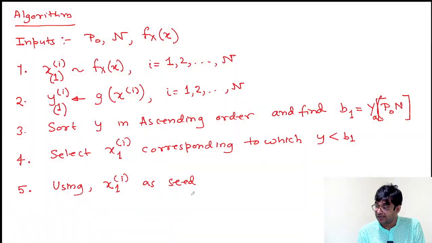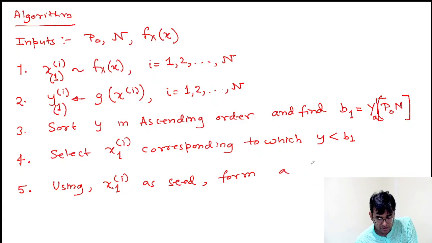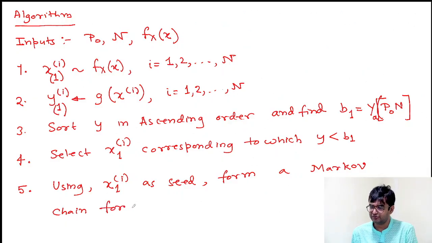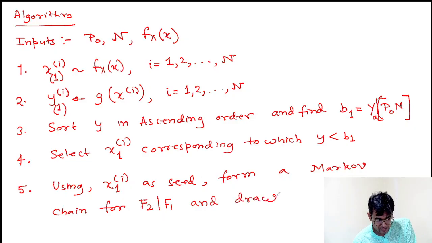So using x1i as seed, form a Markov chain for f2 given f1 and draw samples.